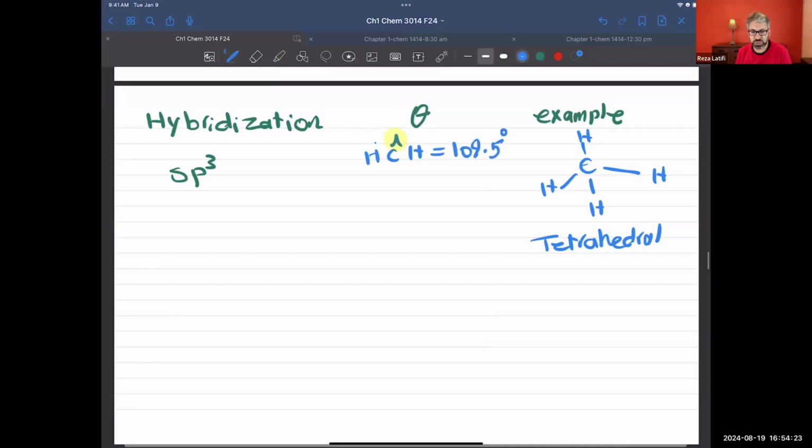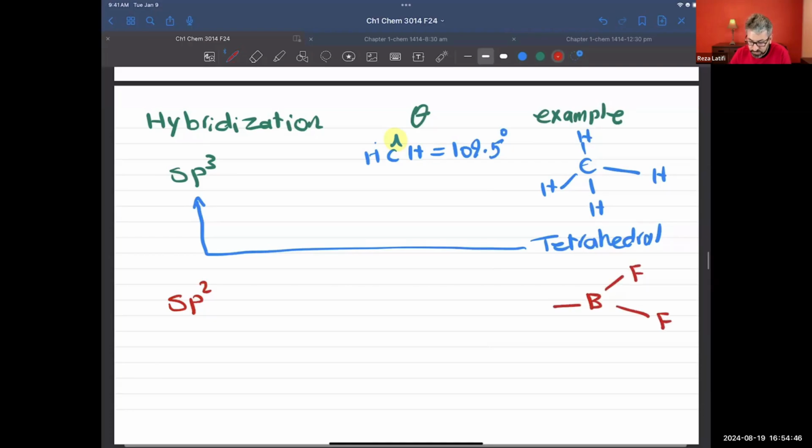So sp3 hybridization will give you a geometry of tetrahedral, and the expected bond angle will be 109.5. What if it is sp2? This is one example for it: B attached to F, attached to F. Or let me stick with carbon. Say you have hydrogen, carbon attached to those, and I can make this one carbon with a double bond here.